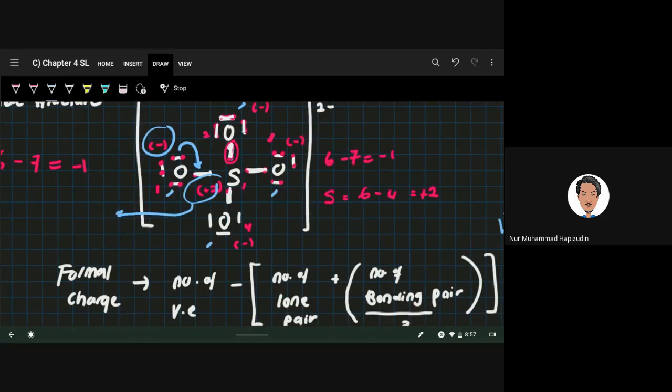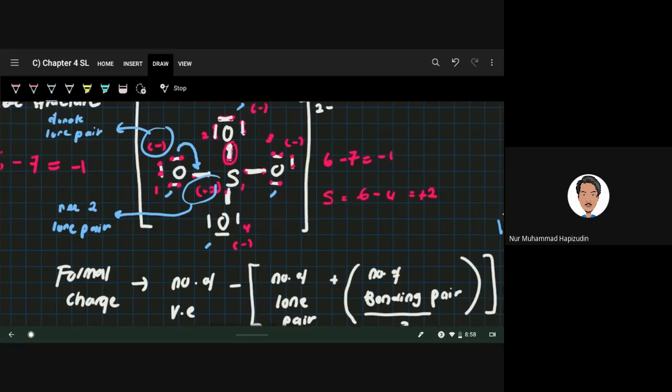Saya contoh kat sini senang nampak. Okay, need 2 lone pair. Tengok ayat saya, lone pair bukan elektron. Dia perlukan lagi 2 lone pair. Negatif maksudnya donate ataupun share, donate lone pair.